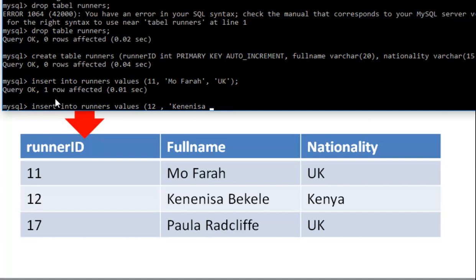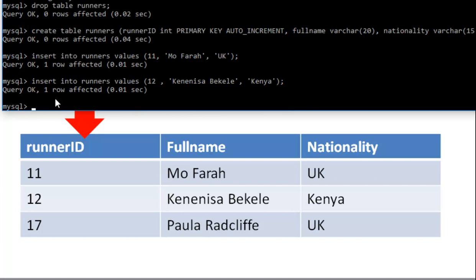Let's put his surname, Vikali, and he's from Kenya, and close brackets, semicolon, and the last one is runner number 17, Paula Radcliffe, and she's from the UK.